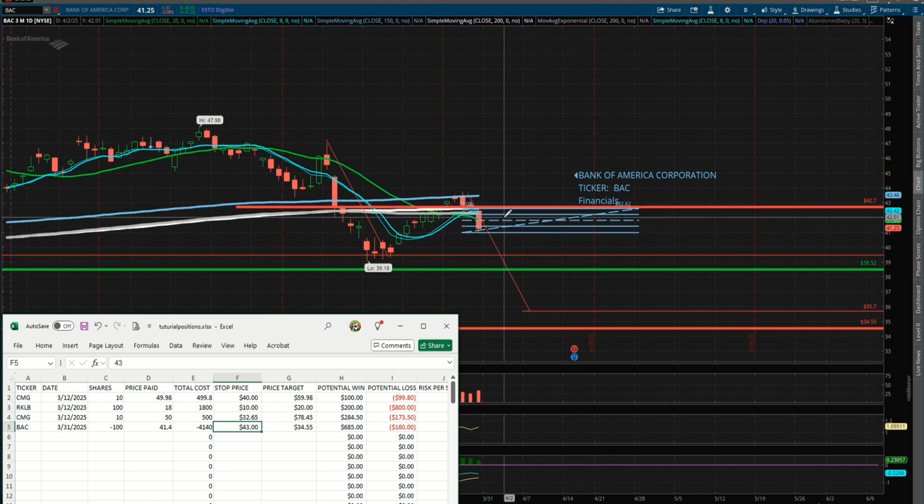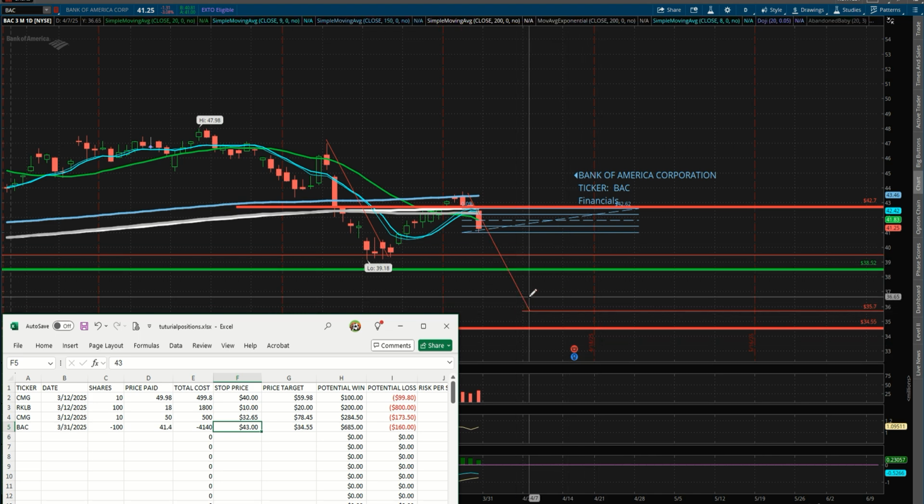And we're hoping that we get the same move here down to here or more. We're trying to get a little bit more than this move, which might take some time to get there.